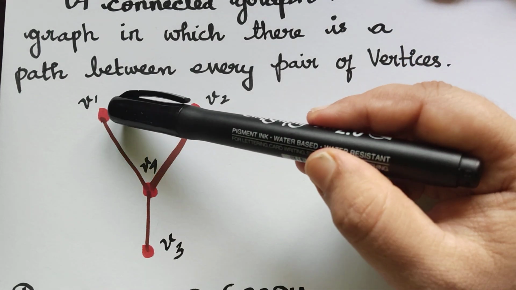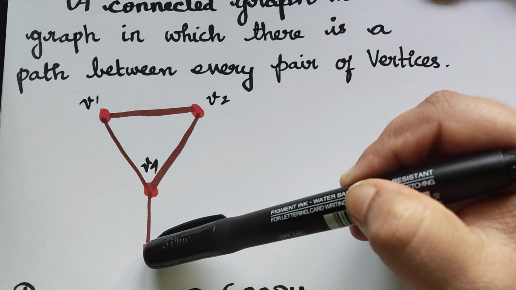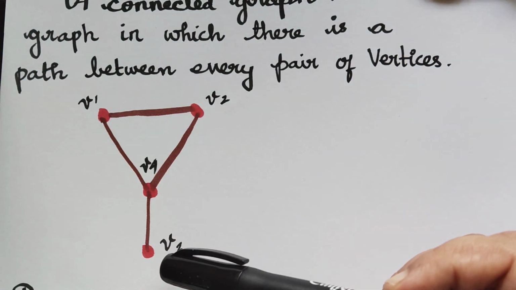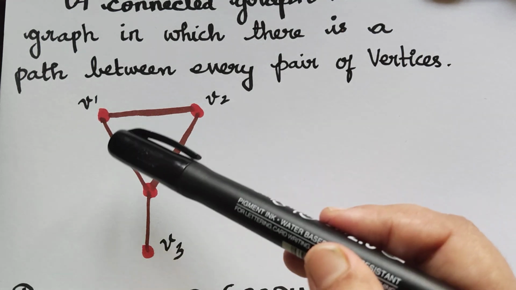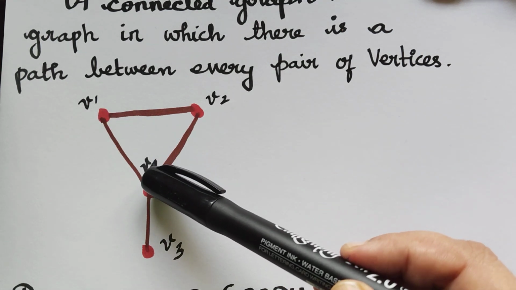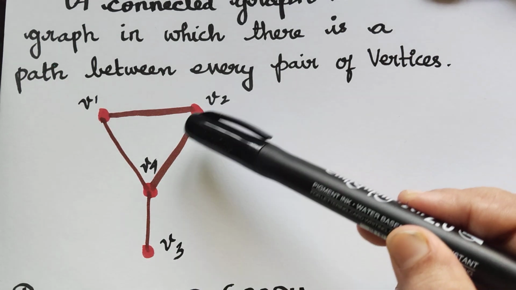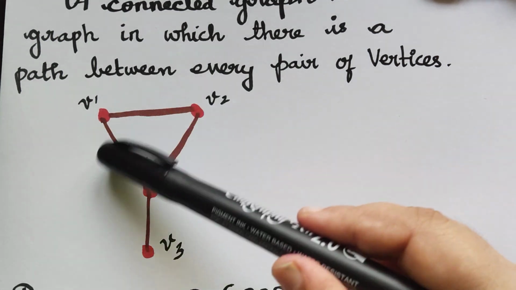That is, we can travel from V1 to V4 and from V4 to V3. So therefore this is a connected graph. Like that, if you take any pair, we will be able to reach one vertex from the other vertex. So either there will be a direct edge or there will be a path like this. For example, V2 to V3, you have a path V2 to V4, V4 to V3. Okay, so this is a connected graph.